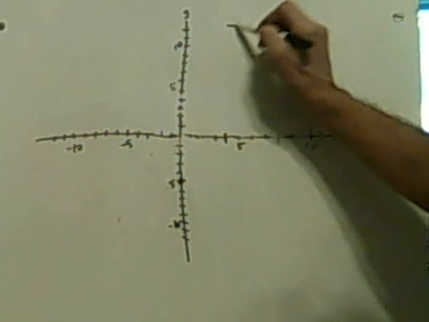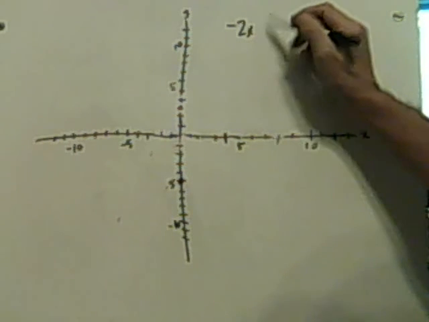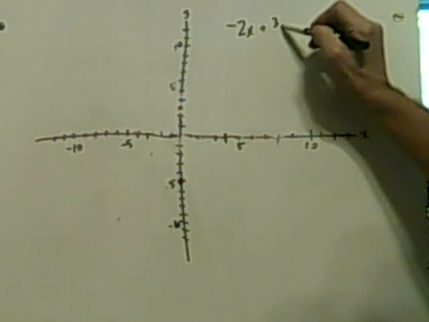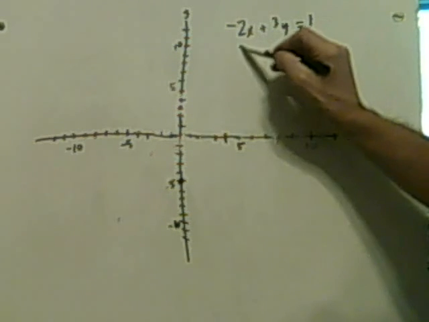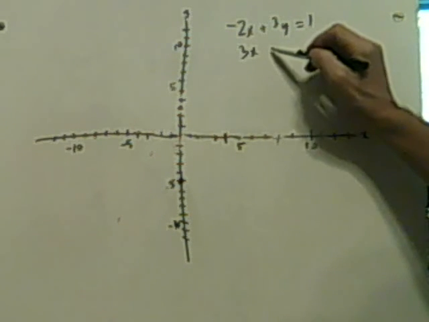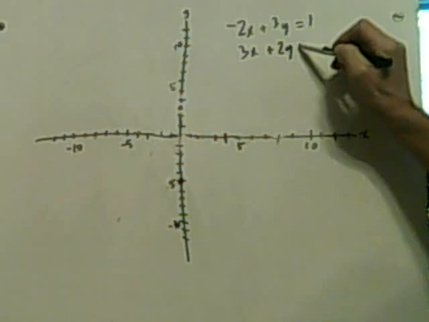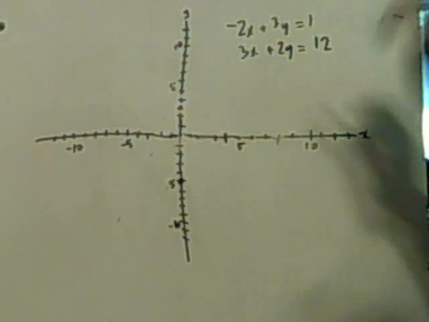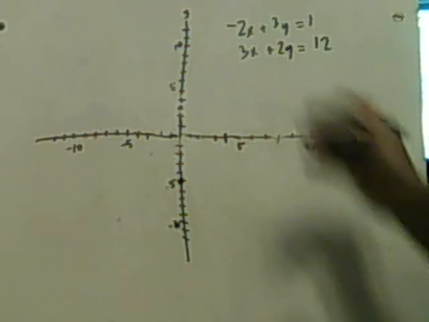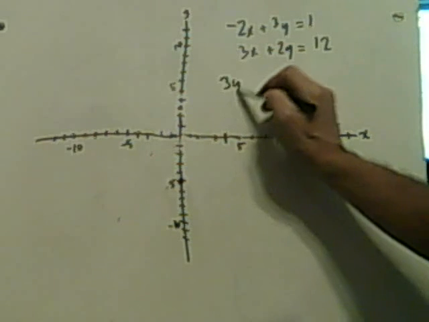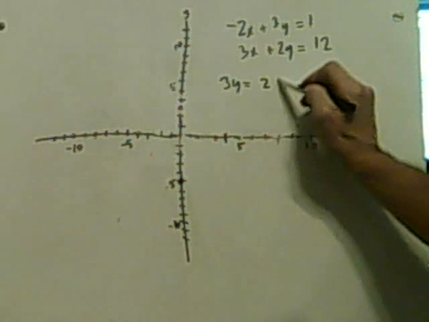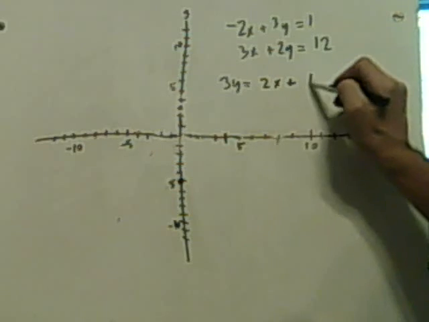Okay, let's go to 58. Negative 2x plus 3y equals 1, and 3x plus 2y equals 12. Well, we want to put these into standard form. So we put the first one in standard form, and it's going to be 3y equals 2x plus 1.